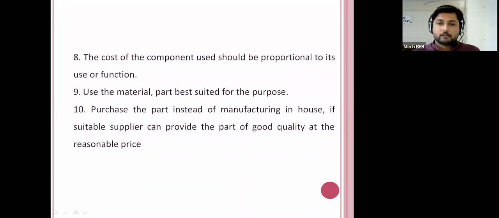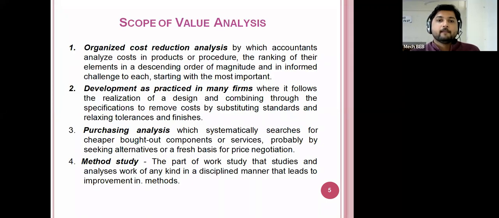You have to purchase that part from your supplier. These principles are useful to reduce the unnecessary cost of the product in the material, and to increase the functionality and the value of the product for the customer.